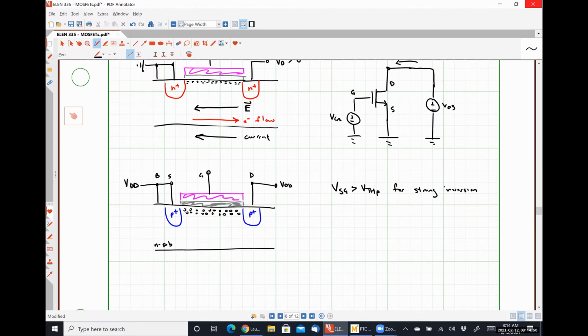So let's say that instead of being at VDD, my drain is now at some voltage VD less than VDD, or actually it would be better to be less than VS. I have a potential difference, right? What is the direction of my electric field here?